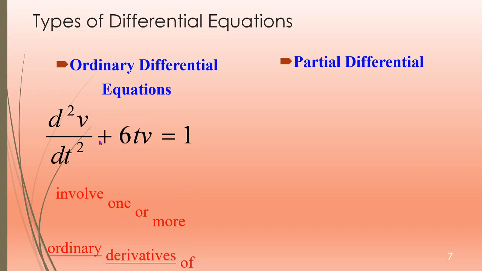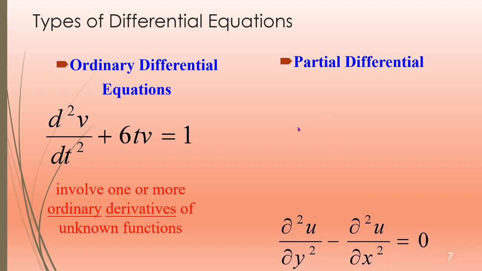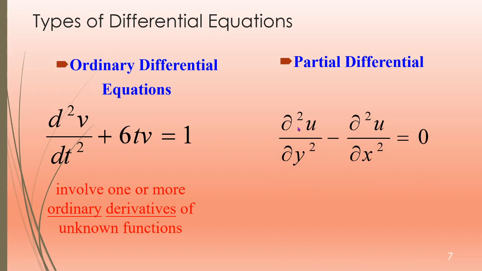Here we find the dependency of the function on only one independent variable, that is, this involves the ordinary derivative of unknown functions. Whereas in the case of a partial differential equation, we find partial derivatives, where a dependent variable depends on more than one independent variable.